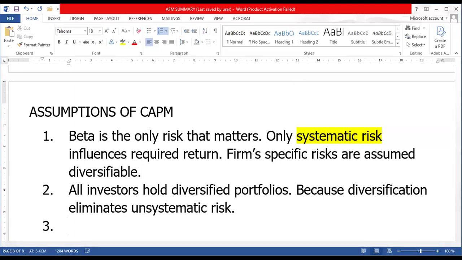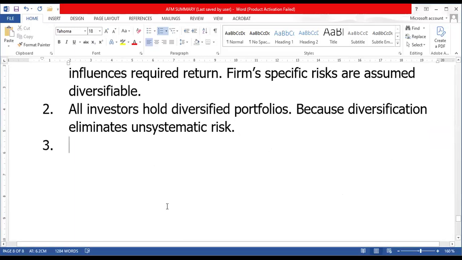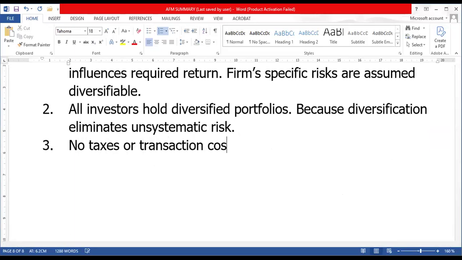Then next, we assume that there are no taxes or transaction costs.